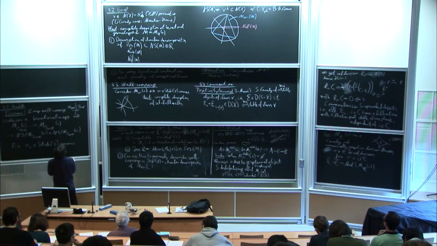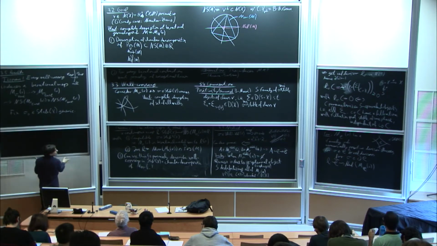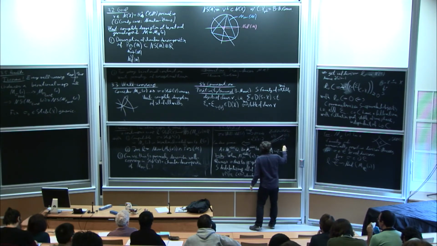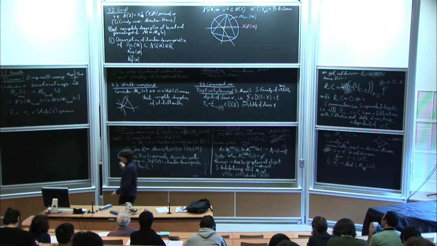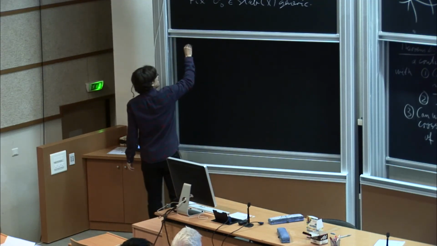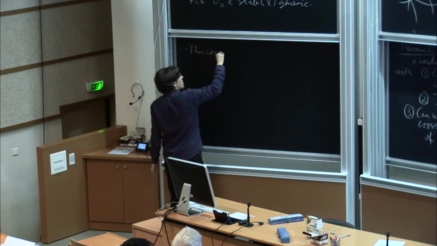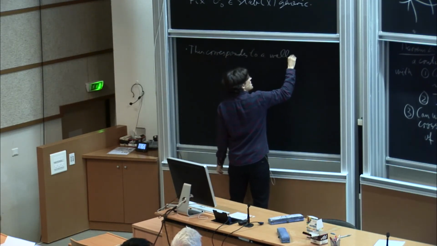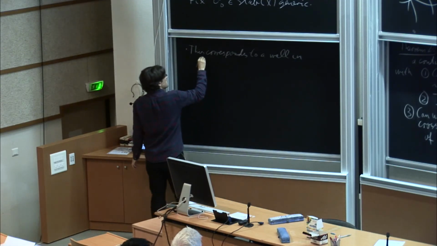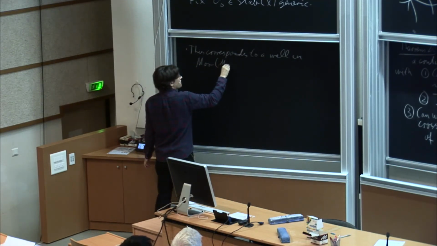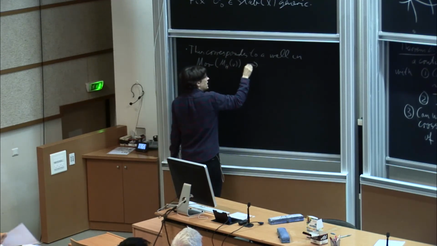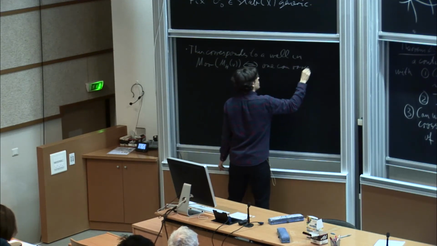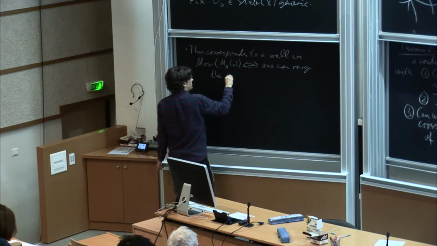Okay, and now basically the positivity lemma says that this corresponds to a wall in the movable cone if and only if one can vary the extension class in star.